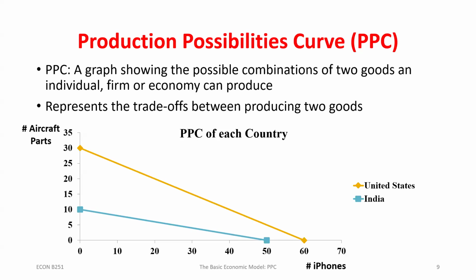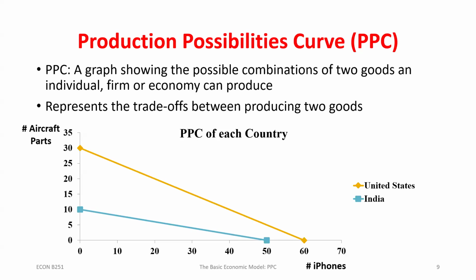Now, what about India? Their cost of an aircraft part, once again, is going to be the slope. So here we're going from 50 to 0, so negative 50, and 0 to 10 was the change in x. Here we get negative 5. We just care about the absolute value. So the cost for one aircraft part to India would be 5 iPhones. So this is the cost of one aircraft part to both countries.